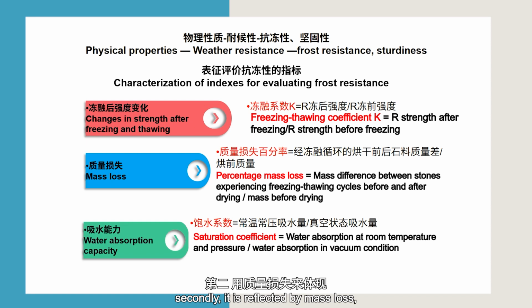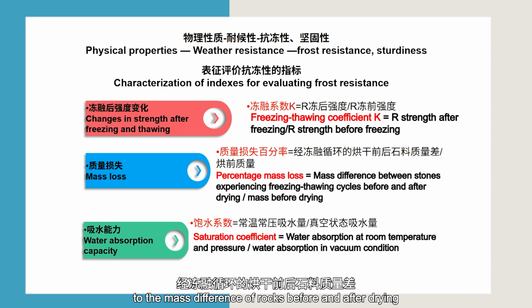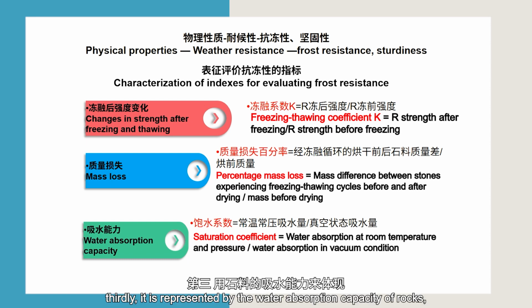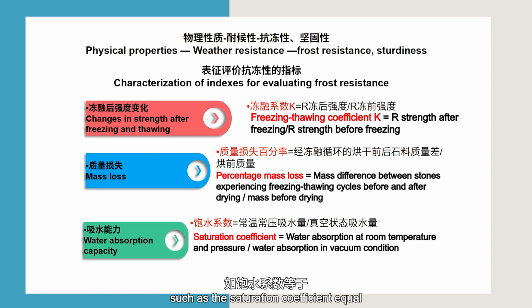Secondly, it is reflected by mass loss, and the index has a percentage of mass loss equal to the mass difference of rocks before and after drying, divided by the mass before drying. Thirdly, it is represented by the water absorption capacity of rocks, such as the saturation coefficient equal to the water absorption at normal temperature and pressure divided by the water absorption in vacuum state.